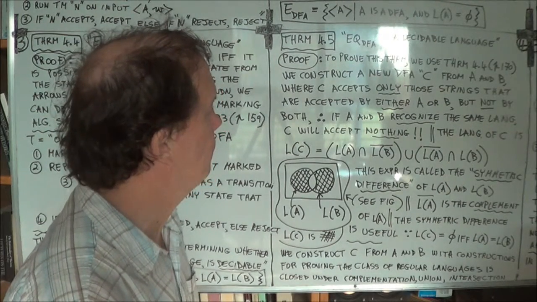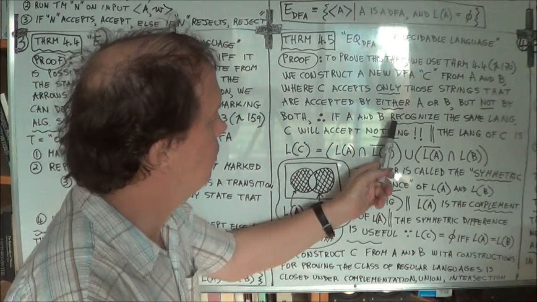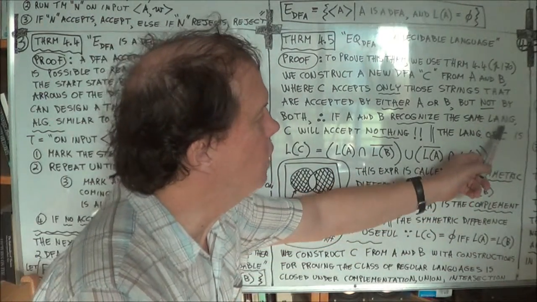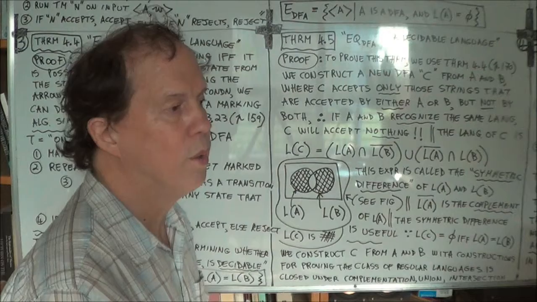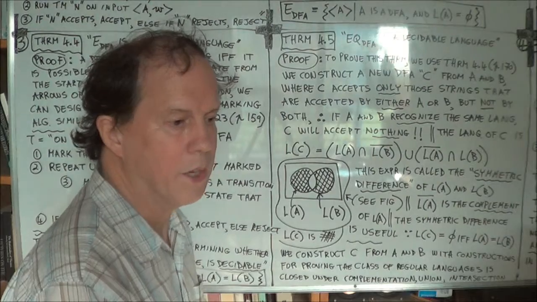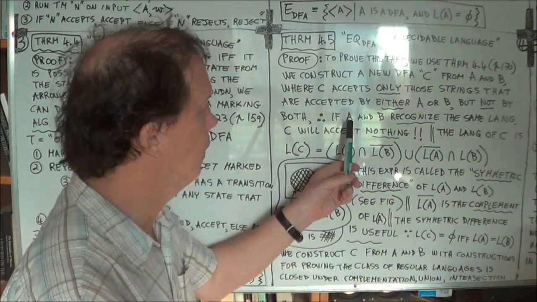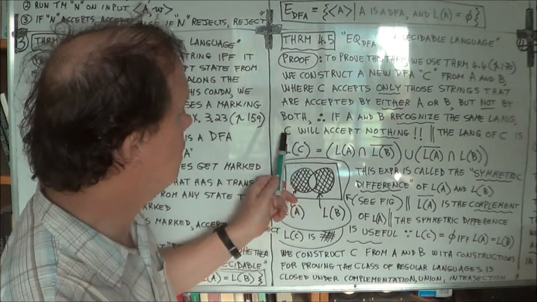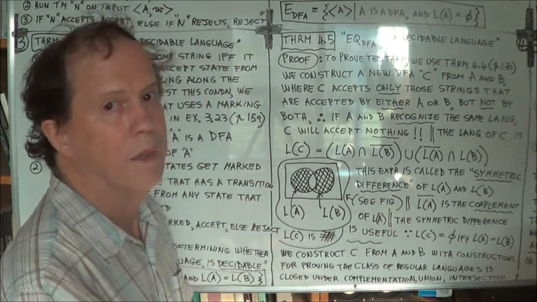So in other words, if A and B recognize the same language, that means every string in that language is accepted by A and B. And therefore, C will reject every string in these two languages, the language recognized by A and the language recognized by B. So C will accept nothing if LA and LB are the same.